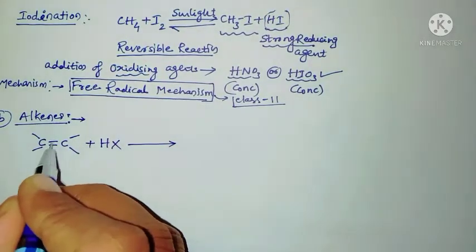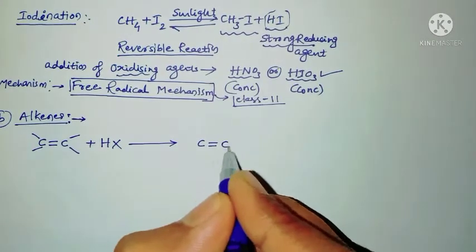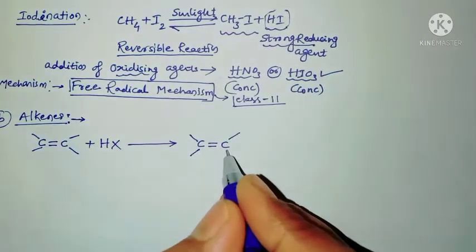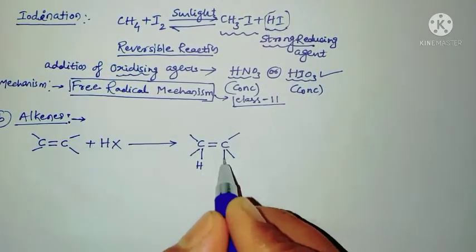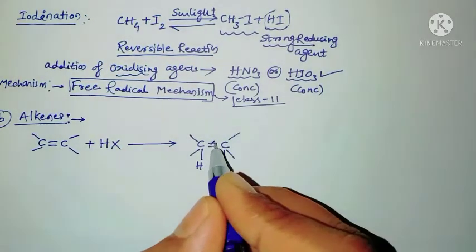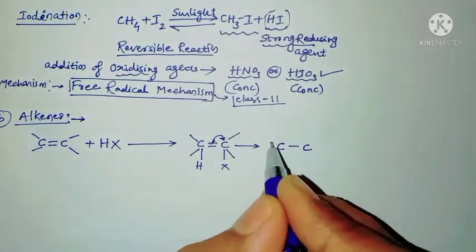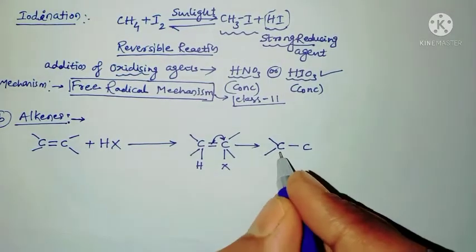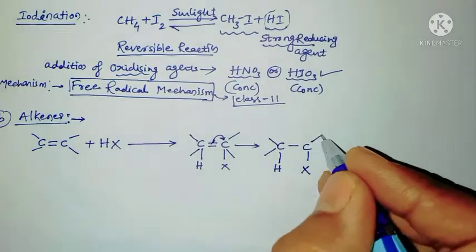The double bond breaks and addition takes place. H adds here and then X adds here. So here we have a carbon-carbon single bond with two other hydrogen atoms attached, H on one carbon and the halogen atom on the other.